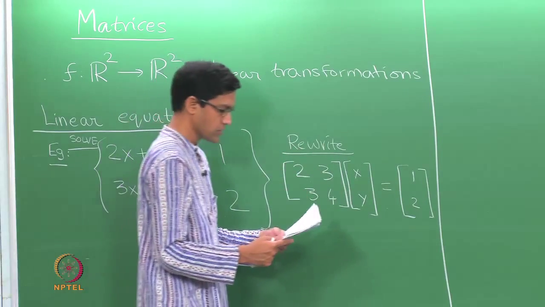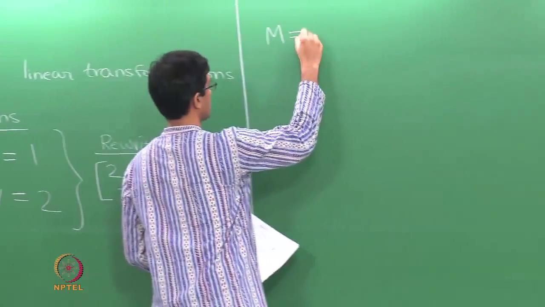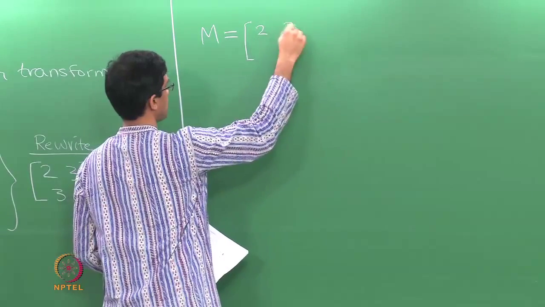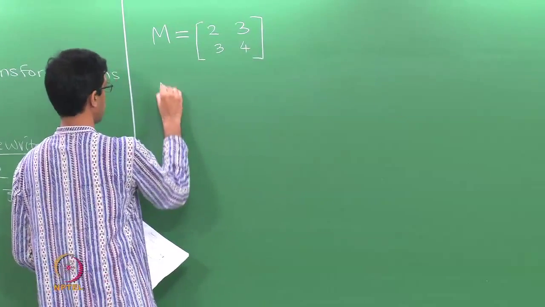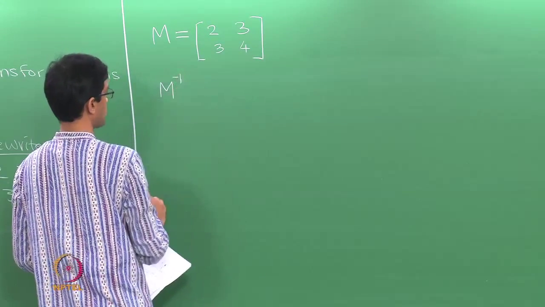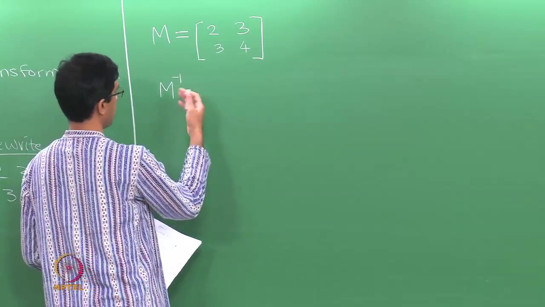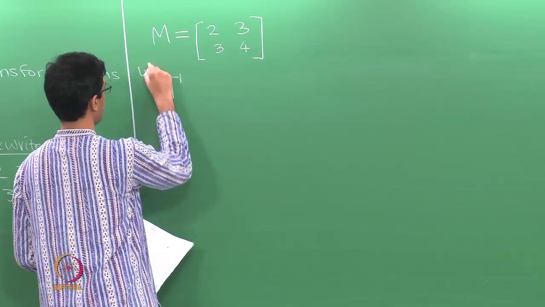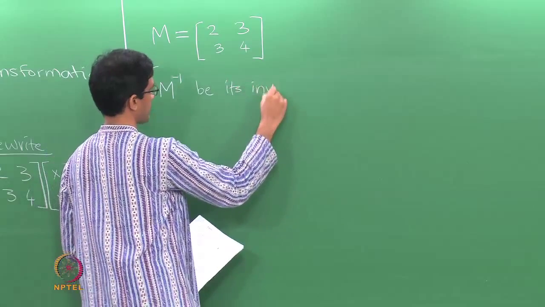Okay, so what does the inverse mean? If you have the matrix M of coefficients 2, 3, 3, 4, the inverse matrix is the matrix which when multiplied with the matrix M will give you the identity matrix. Okay, so let M inverse be its inverse.